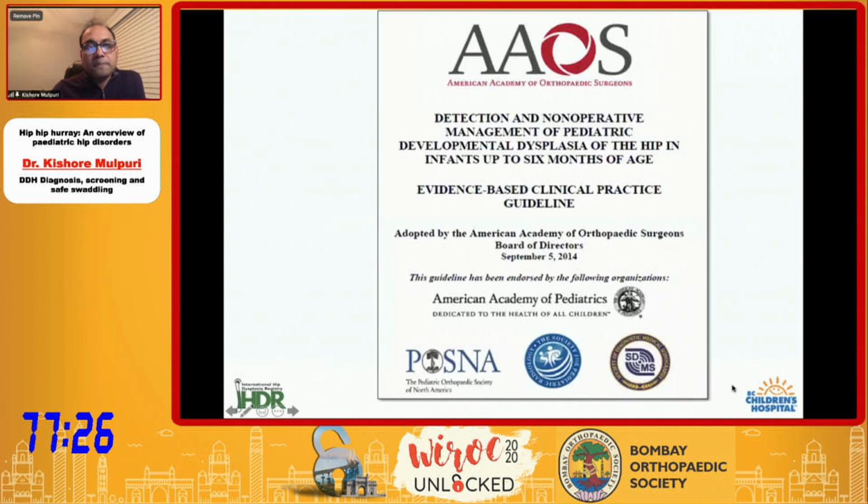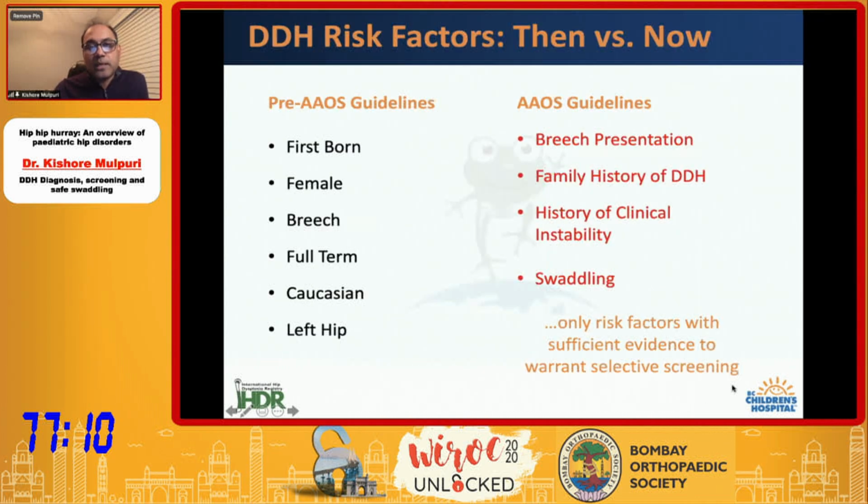Now, what kind of screening should be done? I'm not going to spend too much time. Al is leading this for POSI, IAP and other partners. Very soon in India, we'll have India's own guidelines for how to screen and what risk factors we should pay attention to. But these four risk factors are important to keep in mind: breech, family history, history of clinical instability, and swaddling.